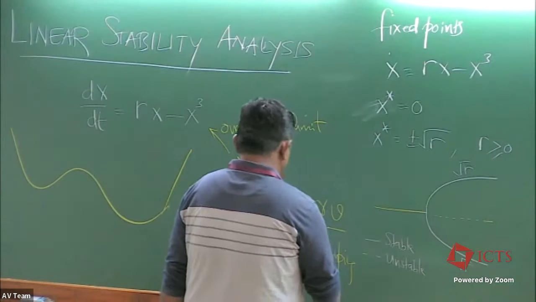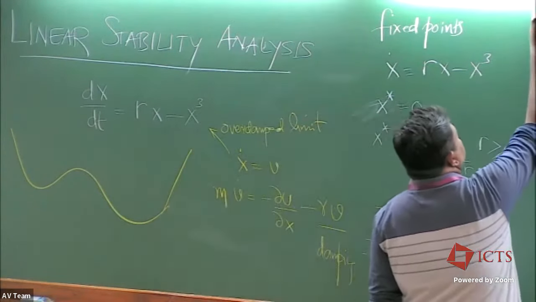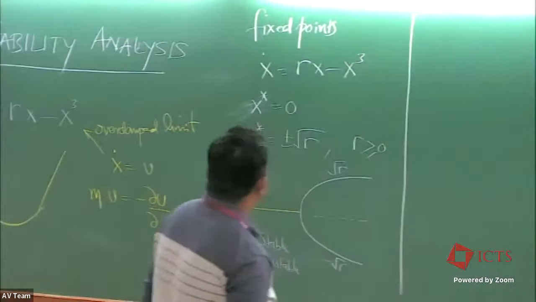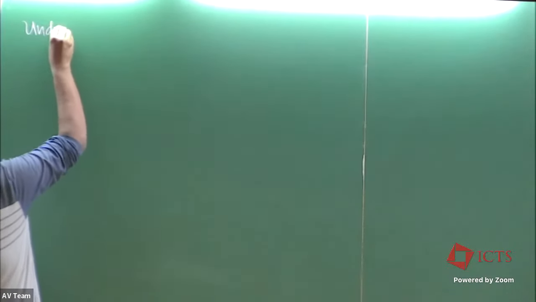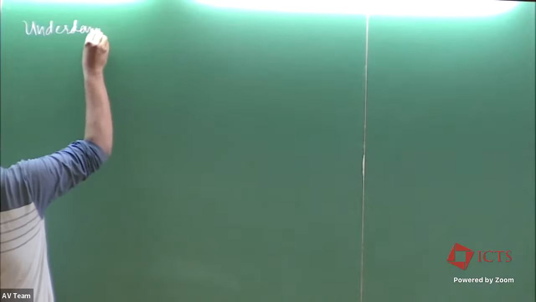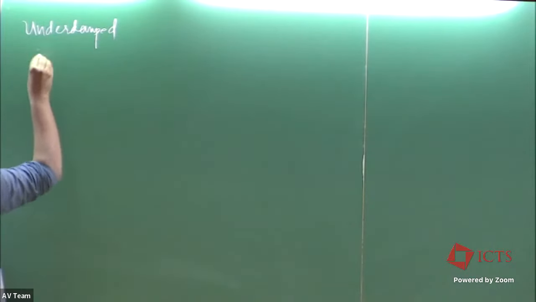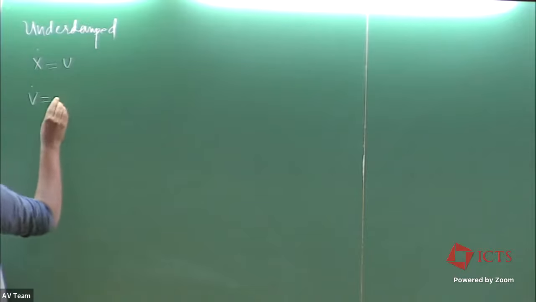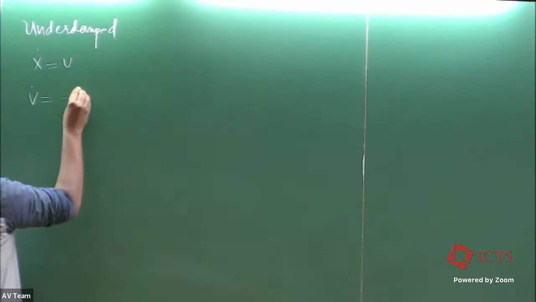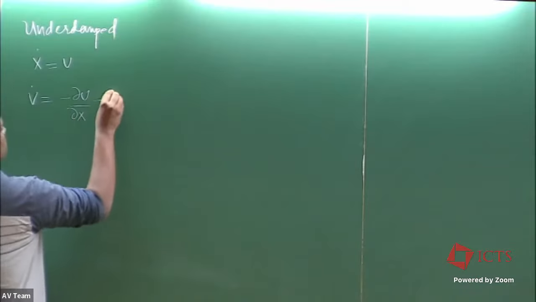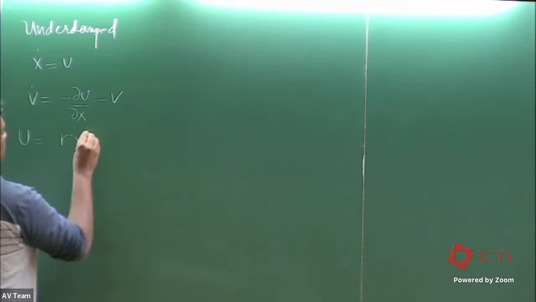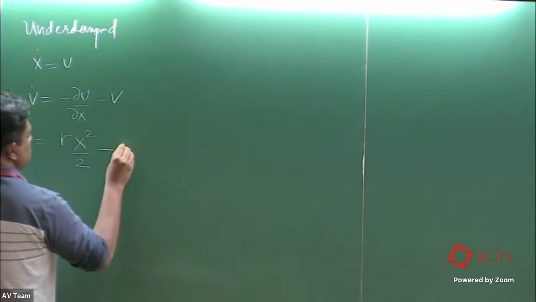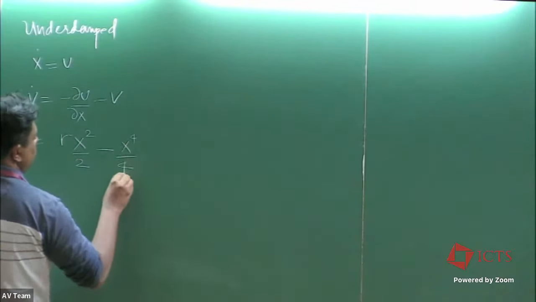I want you to work this out in explicit detail. I'll do the general formalism, but I want you to do the homework problem. Look at the underdamped case, that is, you have x dot equal to v and v dot equal to minus du dx minus v, where u is whatever I wrote yesterday, r x squared by 2 minus x to the fourth by 4.